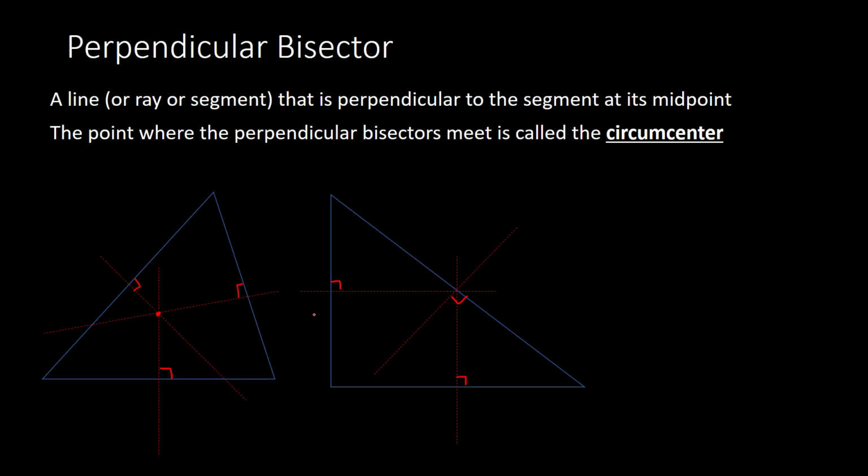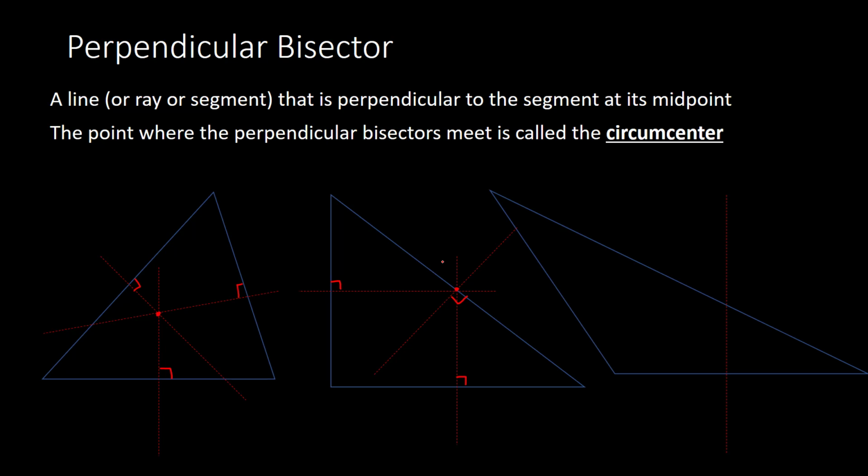And notice, in this case, the circumcenter is going to be right here on the long side, which, by the way, we call the hypotenuse. And this point right here is the midpoint of that hypotenuse. So a little side note there, the circumcenter of a right triangle will be at the midpoint of the hypotenuse.